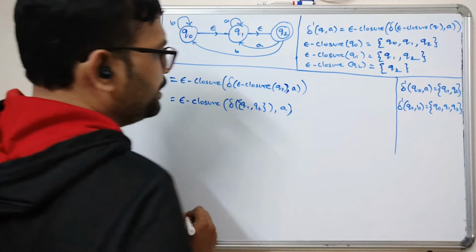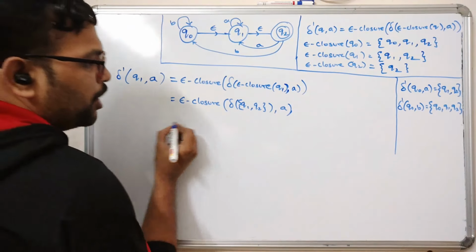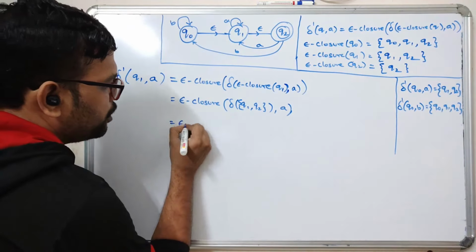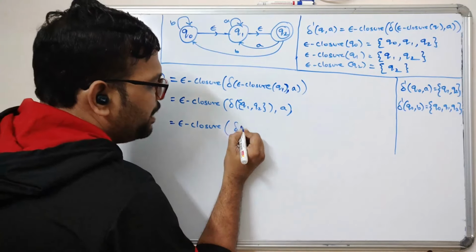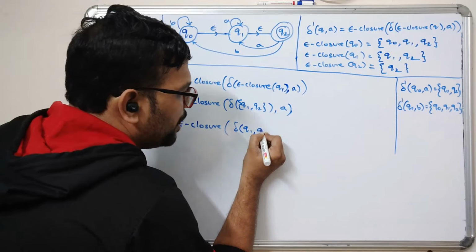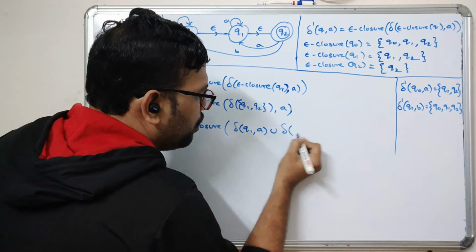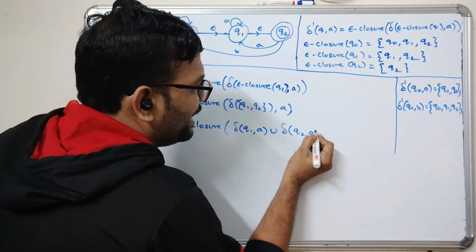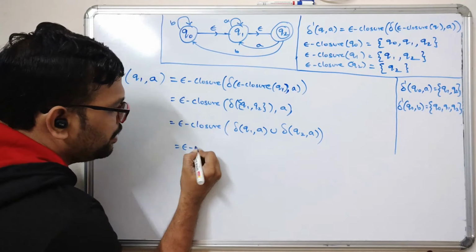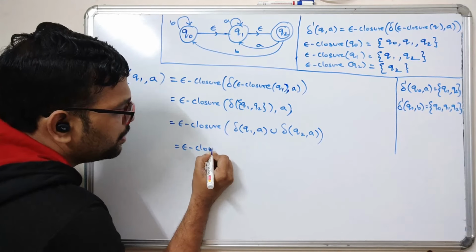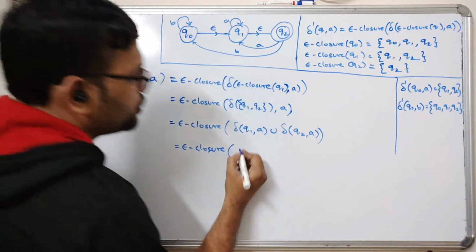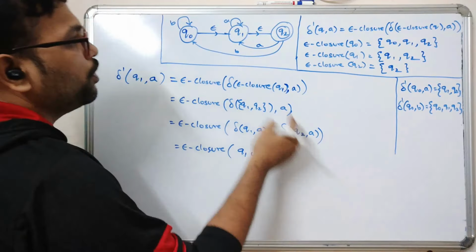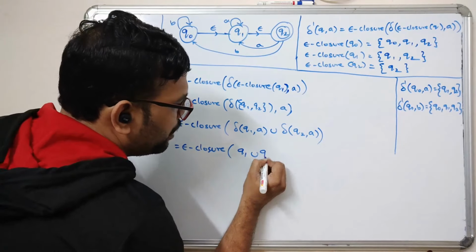Now epsilon closure of, expand, delta of Q1 comma A union delta of Q2 on A. And here you can find out from the NFA. So Q1 on A, it is Q1 union Q2 on A, it's again Q1.